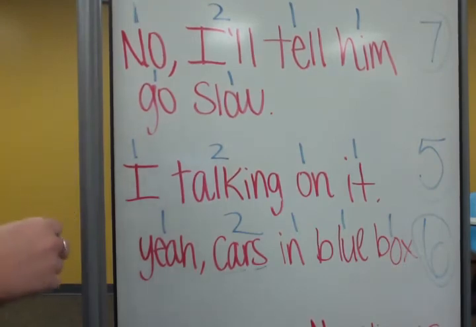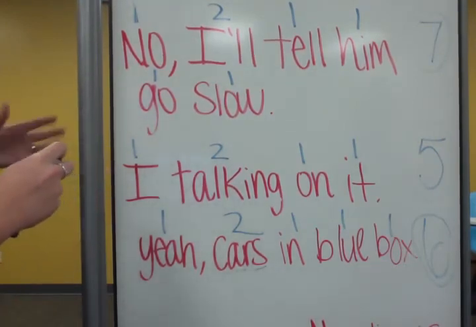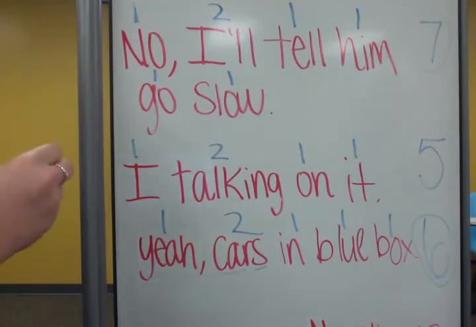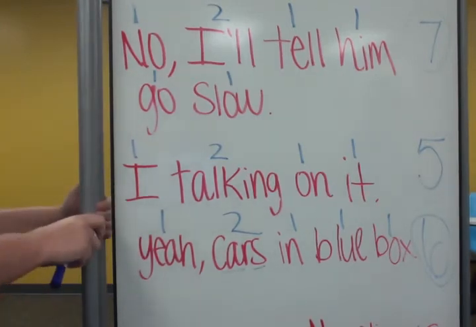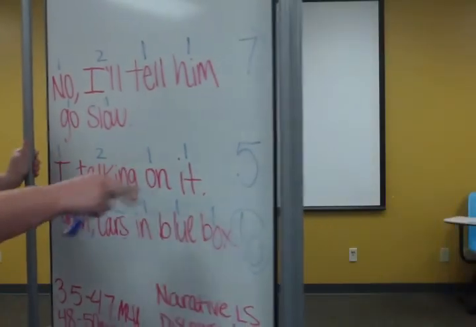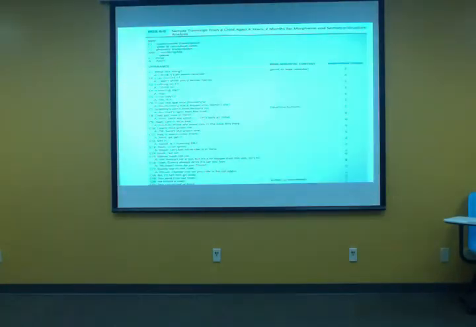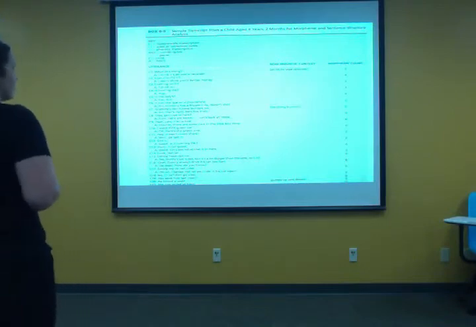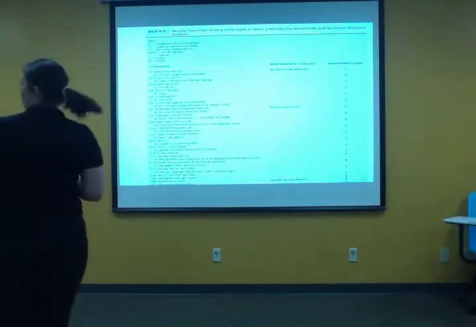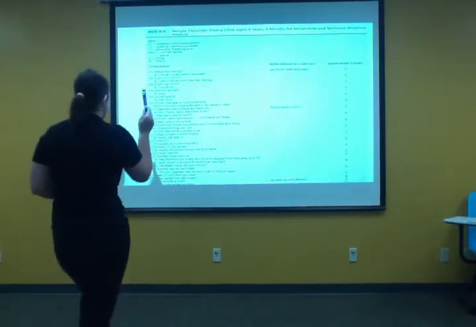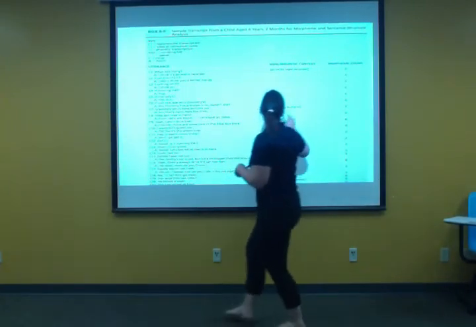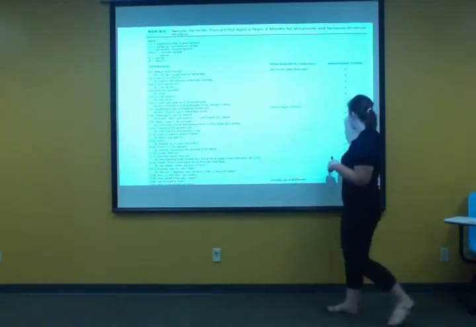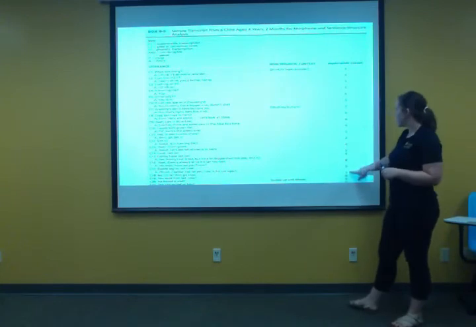So from here, I'm going to reference back to the full transcription, where a total of 21 utterances were collected. Once we transcribe and count the number of morphemes in each utterance, we can then tally the number of total morphemes.